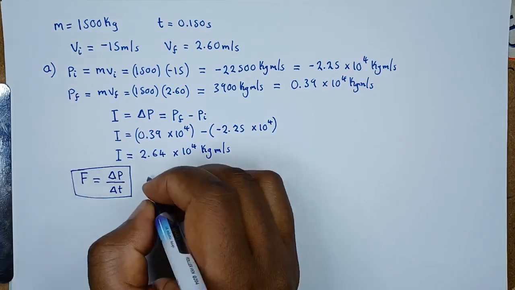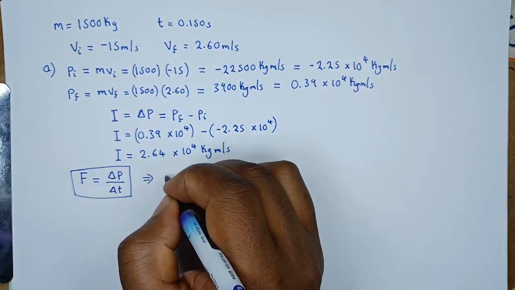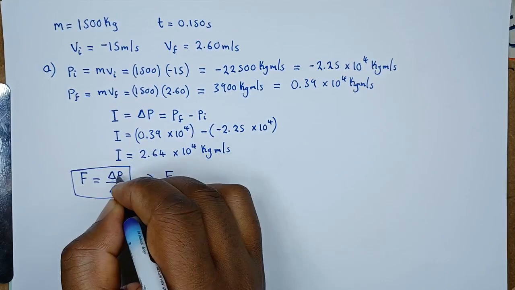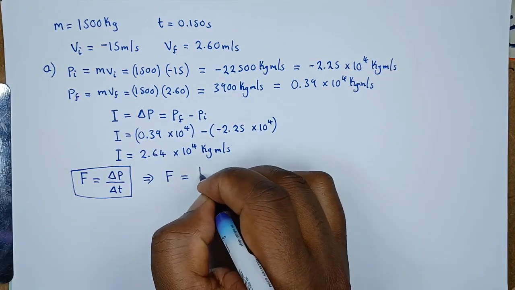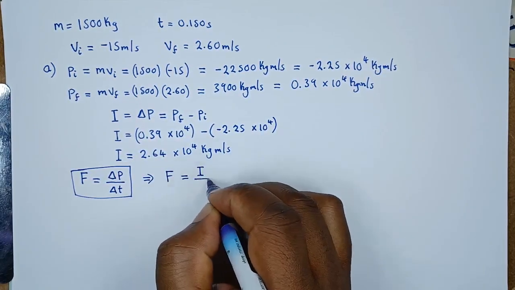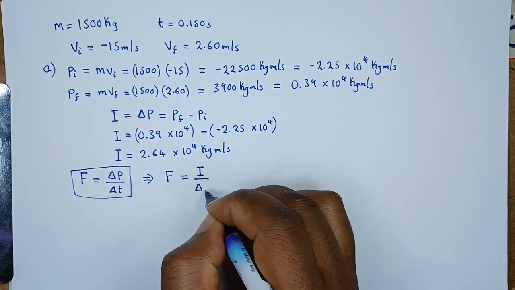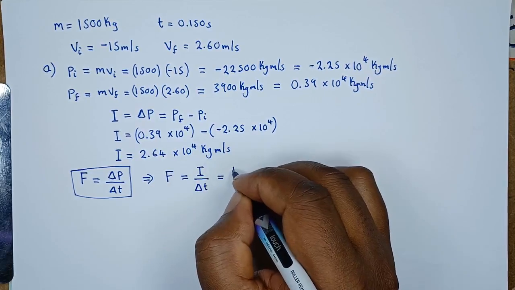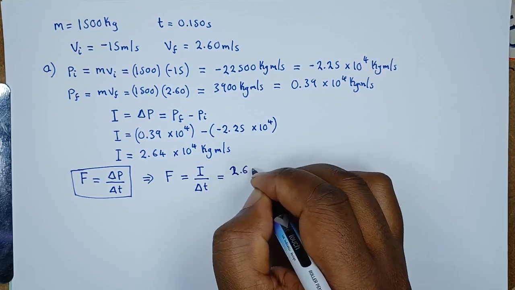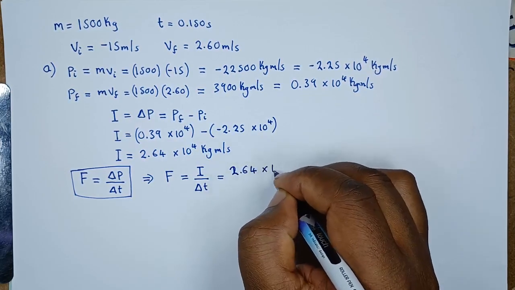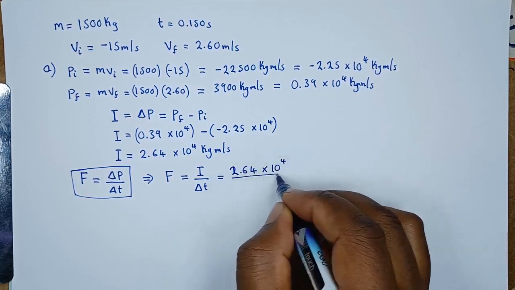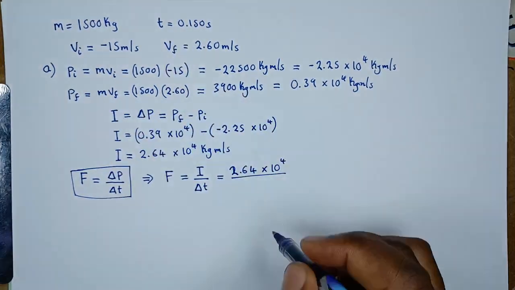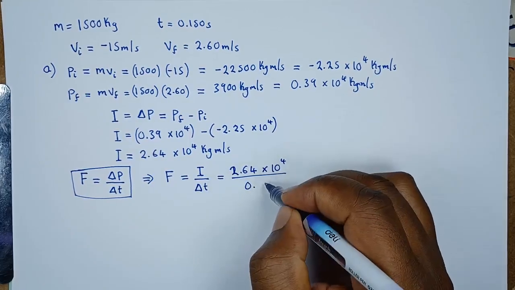Now we know that the change in momentum is simply the impulse, so the impulse that we've gotten here, 2.64 times 10 to the power 4, divided by the time given, which was 0.150.